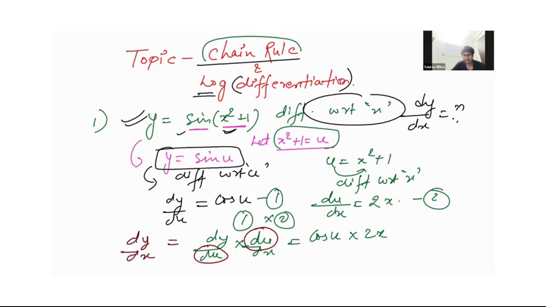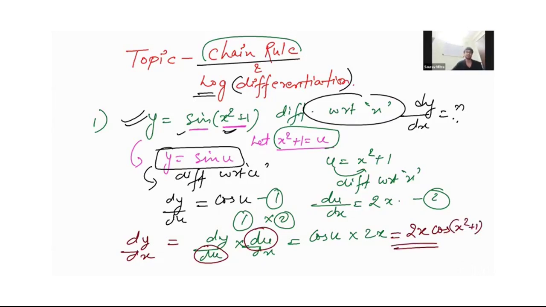It is cos u into 2x, but we will not give our answer in u form because initially it was in x. So we end the question by writing the initial form: 2x into cos of u, and u is x square plus 1. This is your final answer.